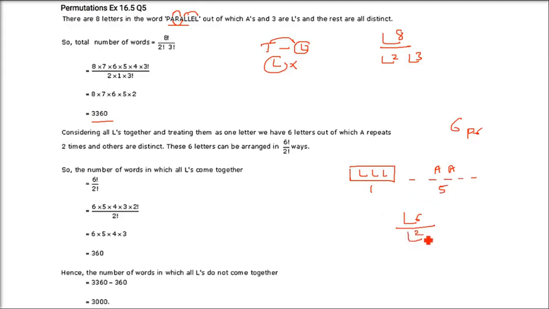So factorial 2, and we have taken care of A also. Factorial 6 by factorial 2. So now L is together here. Now in order to find out that L should not be together, we have to take 3360 and subtract it with 360. These are all possibilities, and 360 when L come together. So when you subtract that, L will never come together 3000 times.